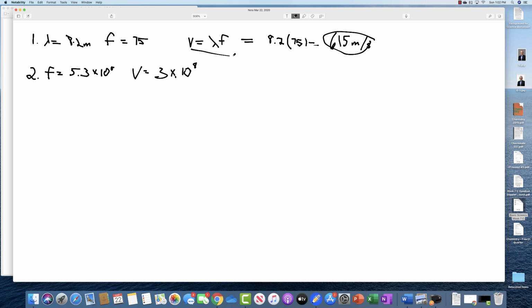If we take this equation and rearrange it to solve for wavelength, the wavelength is going to equal the velocity divided by the frequency. Which means we put 3 times 10 to the 8th and divide that by 5.3 times 10 to the 5th.